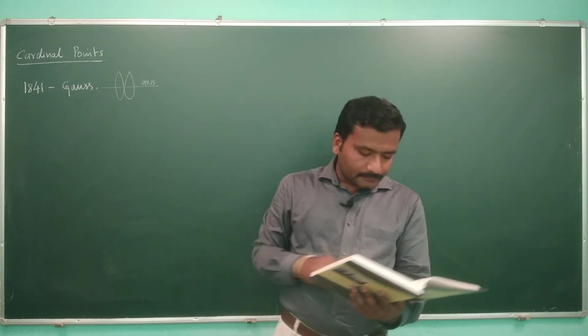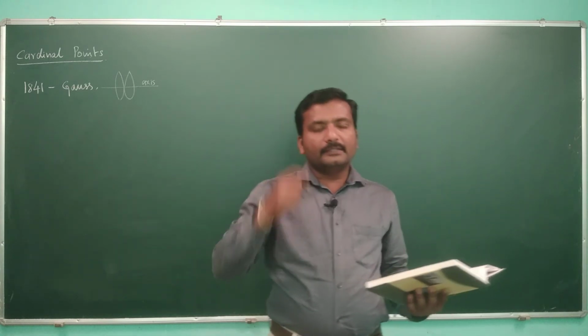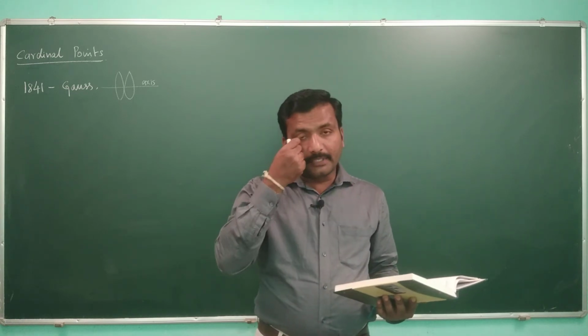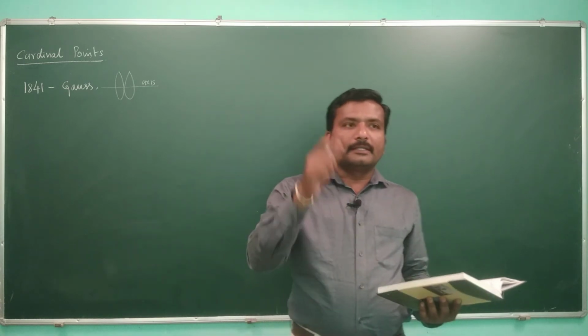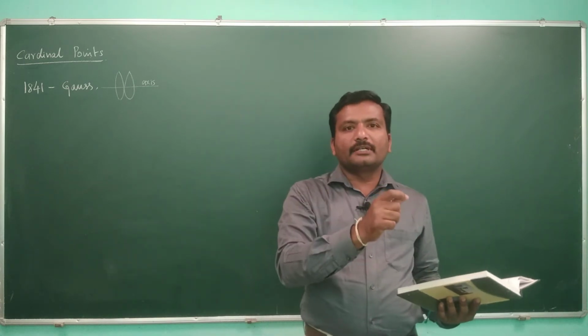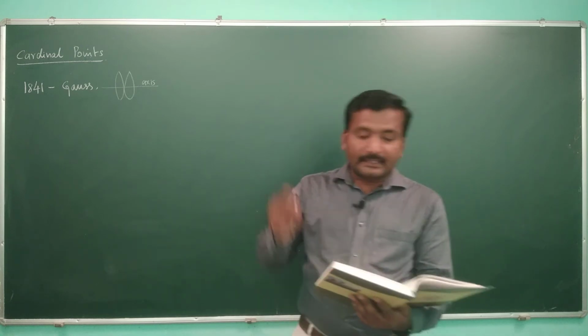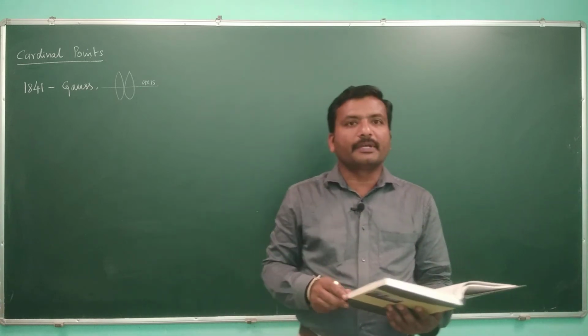Here, in this case, for focal length and other things, the distance will be measured from a point, right? That point is different from the point where the original refraction actually takes place. So there are certain points from which these calculations are made.